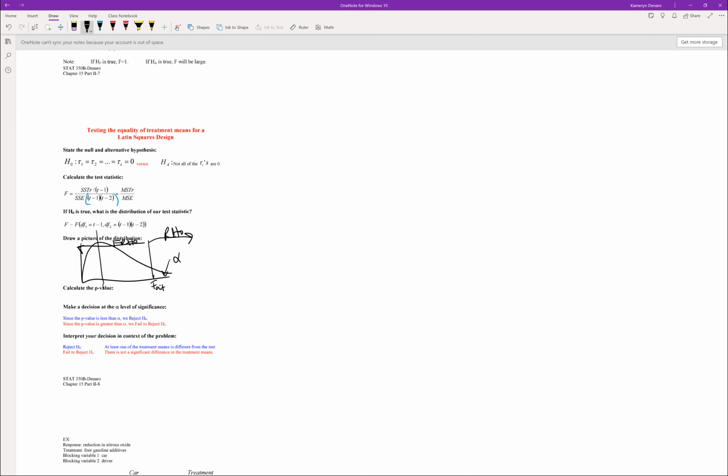To get our critical value, we could use qf, and we could put alpha and then put our degrees of freedom 1 equal to t minus 1 and our degrees of freedom 2 equal to t minus 1 times t minus 2.